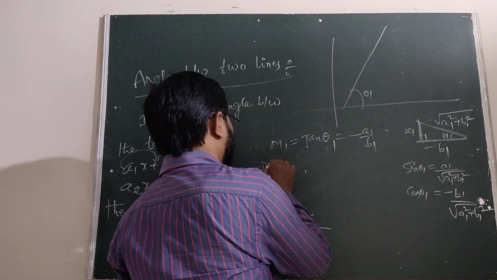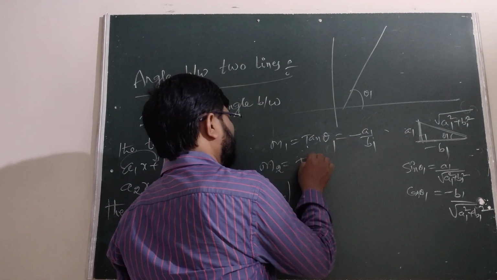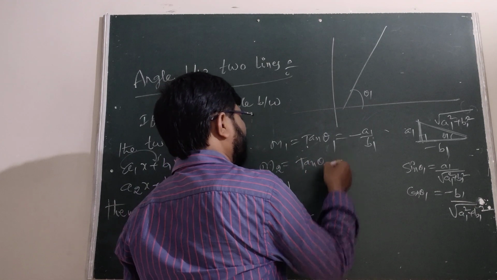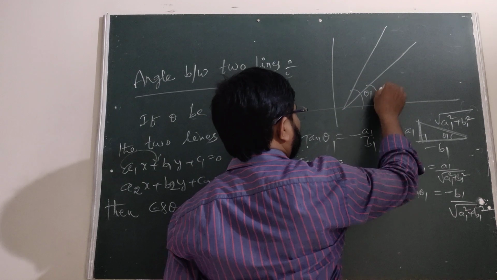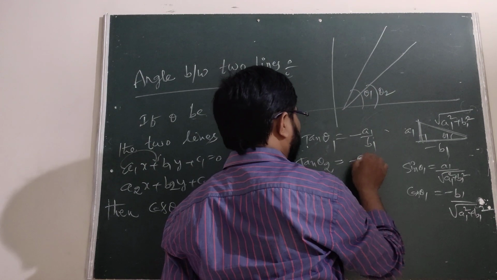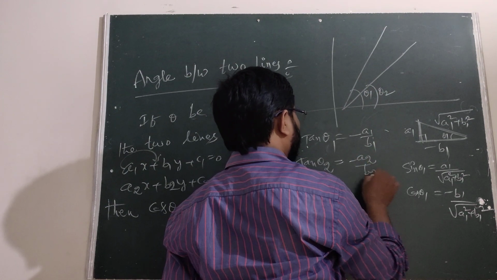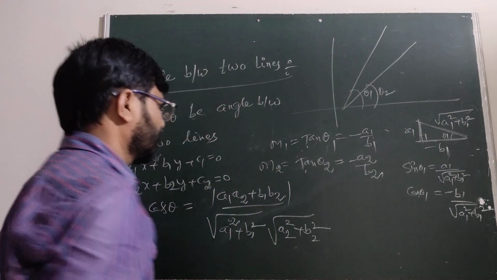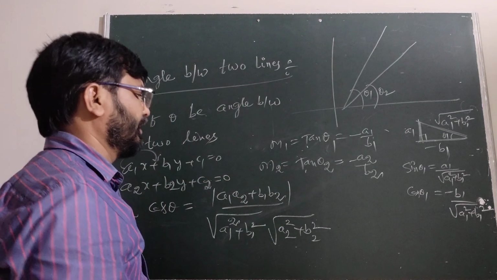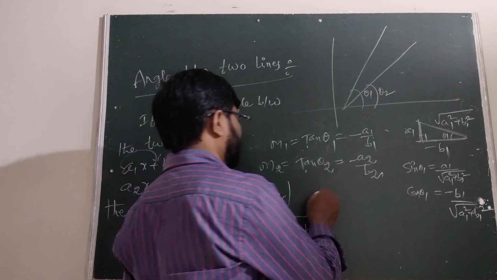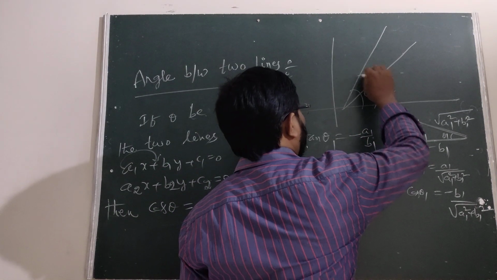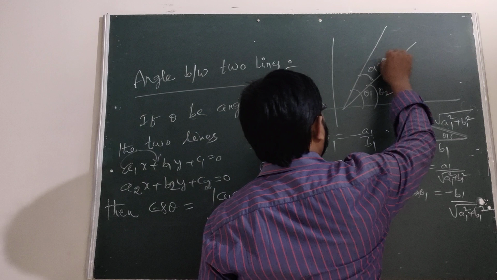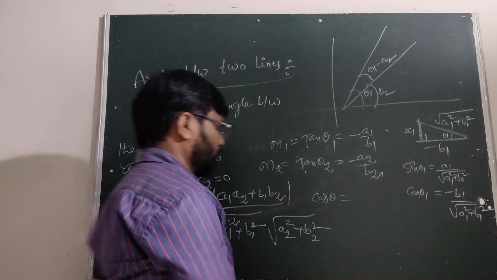Now this is m2. m2 is tan of theta 2, which is minus a2 by b2. Therefore, now we are finding cos theta, where the angle between the lines is theta 1 minus theta 2.